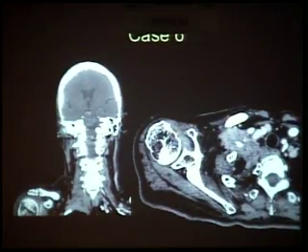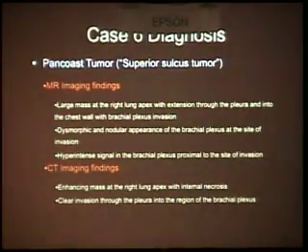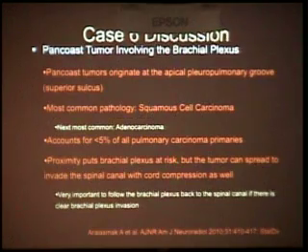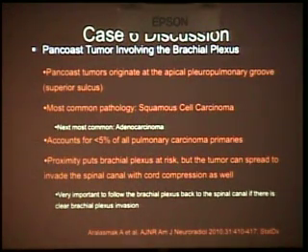This is a CT example, kind of better shows the destructive properties of the mass and how it is encasing the vasculature and these nerve bundles. So superior sulcus tumor, most commonly is going to be squamous cell carcinoma, but you can get adeno.